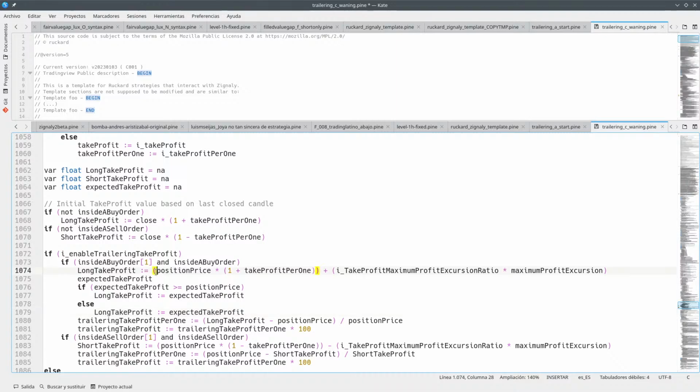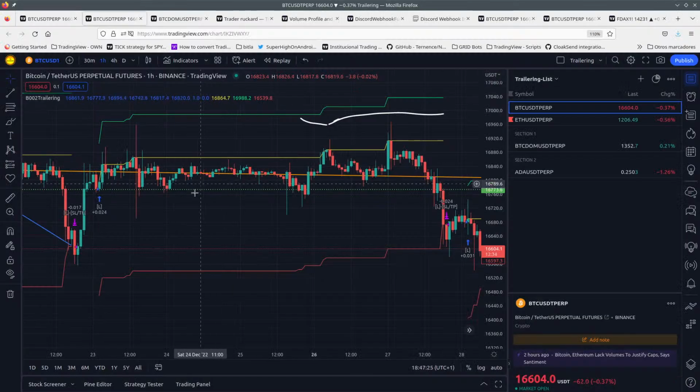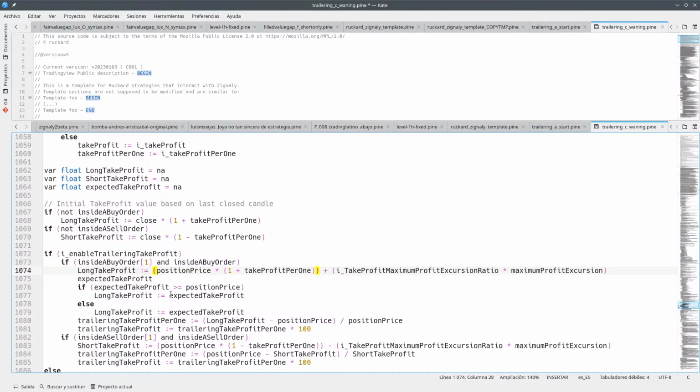So I could use this thing, which is the first one, which in this case would be this line here, which is almost reached there. Let me see.